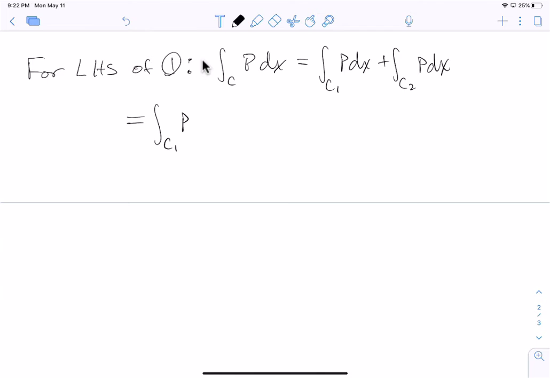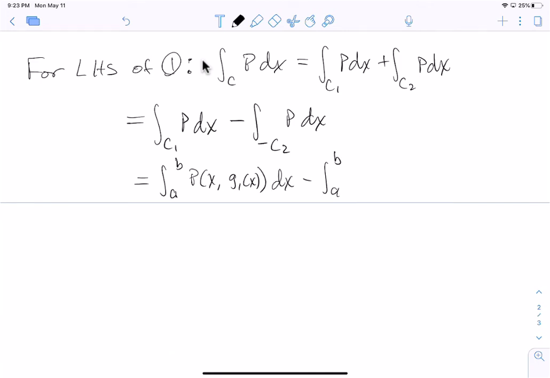Using what we know about the orientation of line integrals, we can say that this result equals the line integral over C1 of P dx minus the line integral over negative C2 of P dx, which then becomes the integral from a to b of P of x, g1 of x dx minus the integral from a to b of P of x, g2 of x dx.